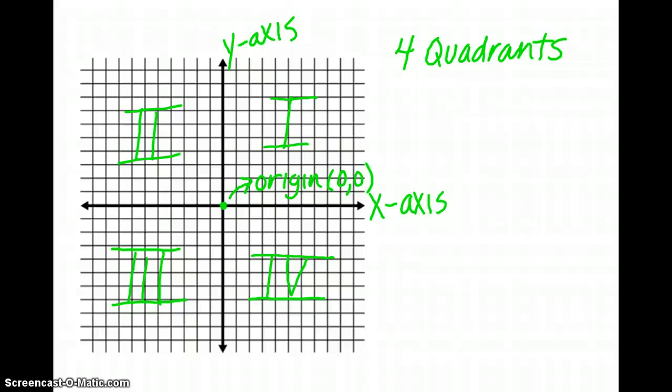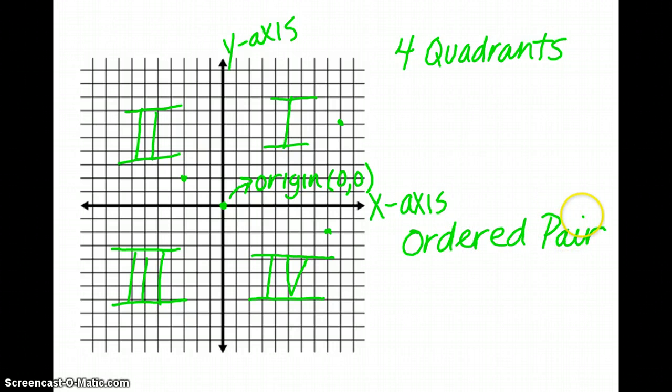Points can be represented on the coordinate plane. So any location on the coordinate plane, like this location here, or this location here, or over here, all of these points can be represented with what we refer to as an ordered pair.